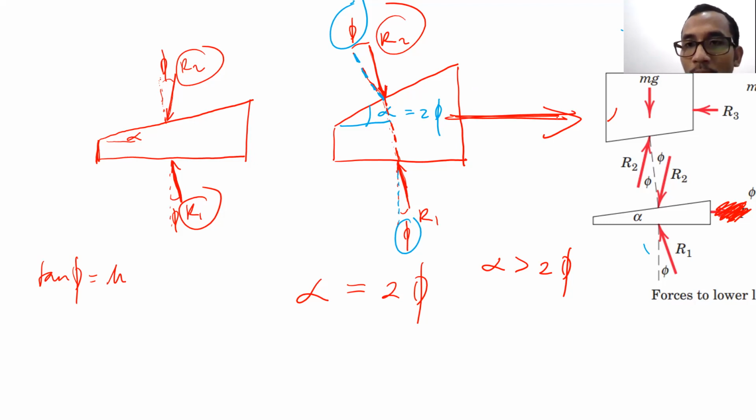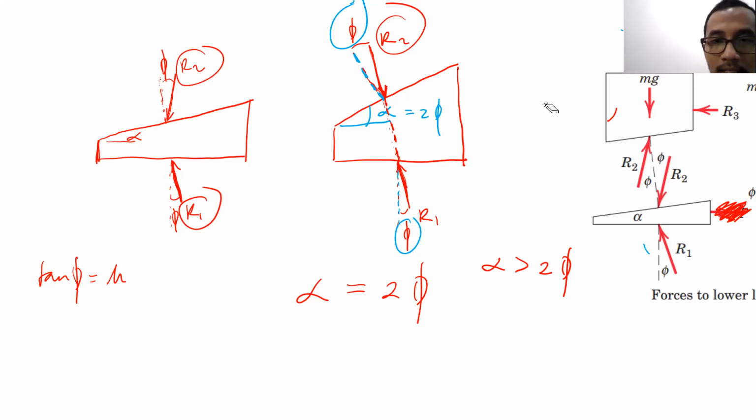Because in this condition where alpha is the same as 2v, the line of action of R1 and R2 is the same. It's in the same line of action, so it's still in the limit.